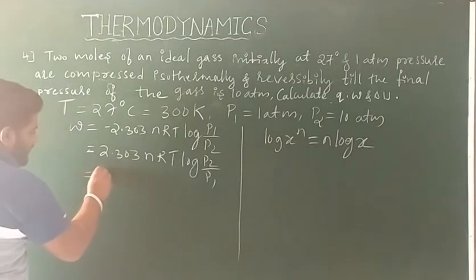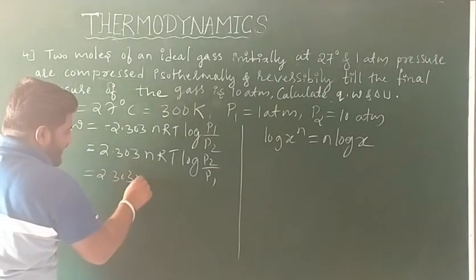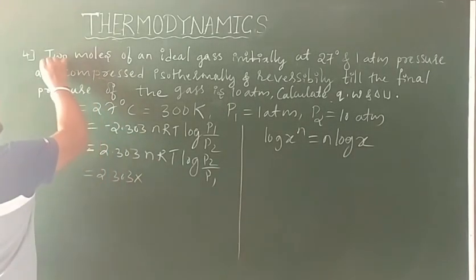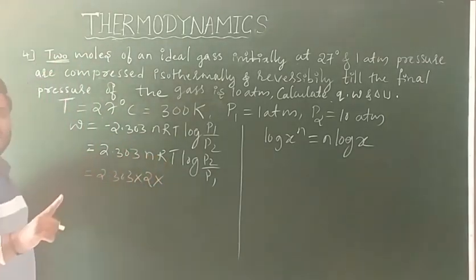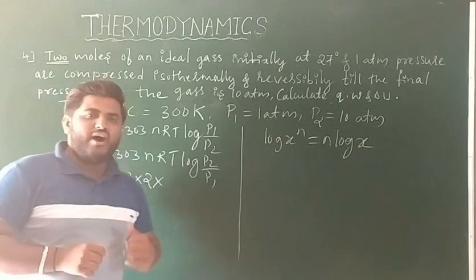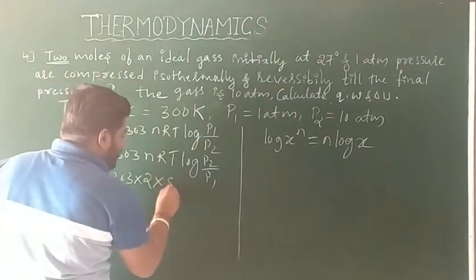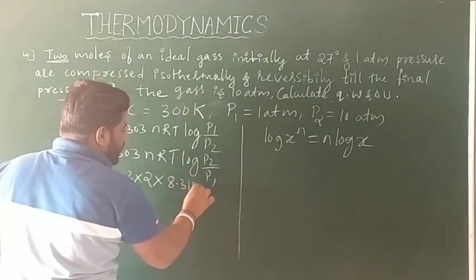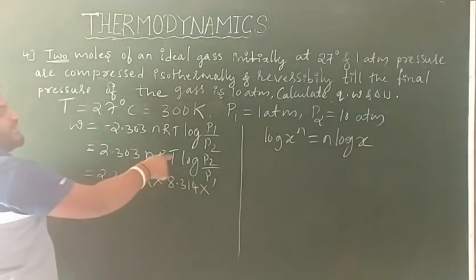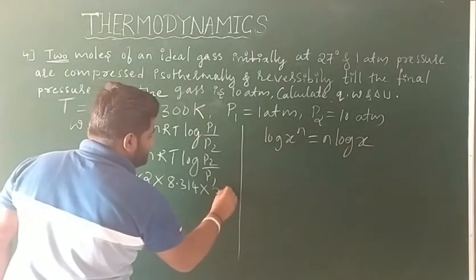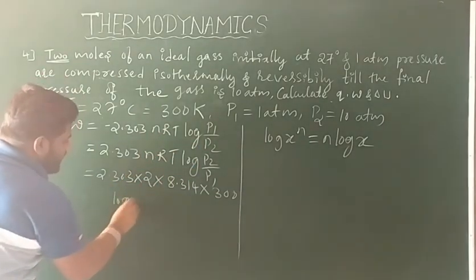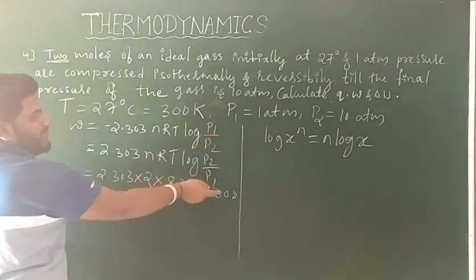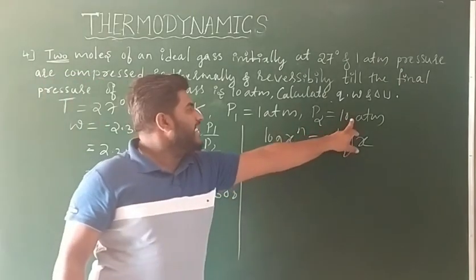Put the values. 2.303 into n, how much? 2 moles they have given, so n is 2. R is a constant. Remember always the value of R is 8.314, into temperature. What is the temperature, guys? 300. Next, log of P2 by P1, how much? 10 by 1.